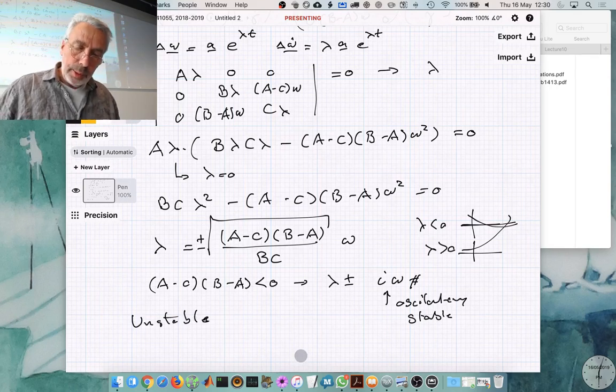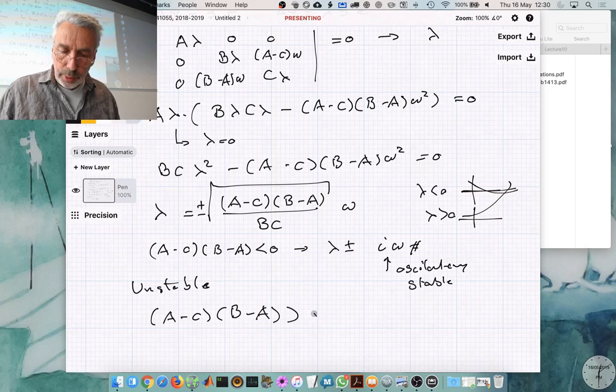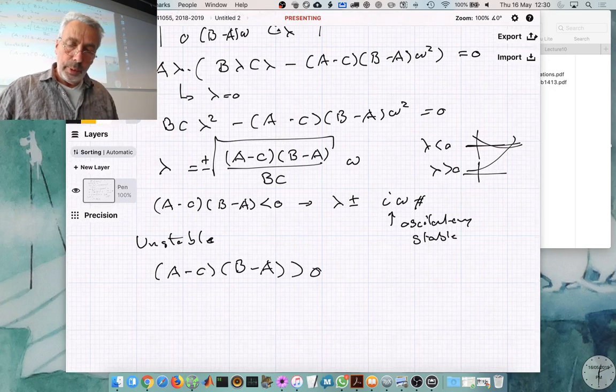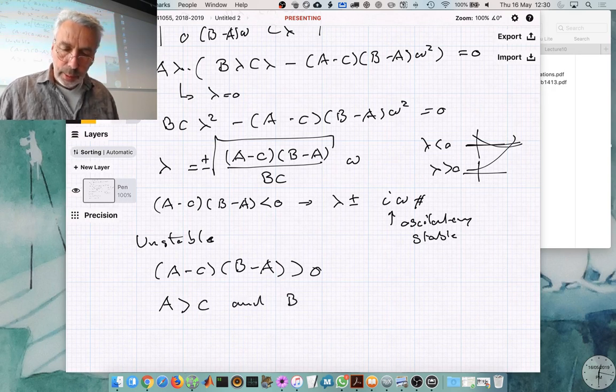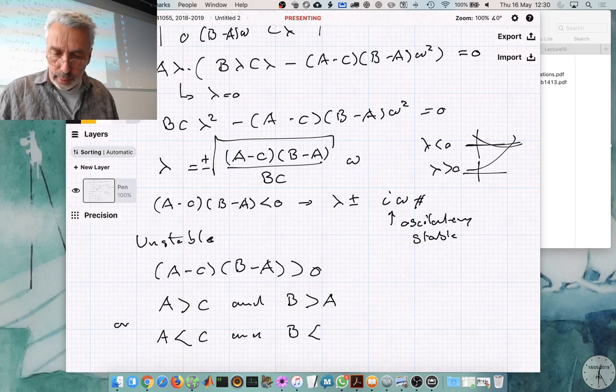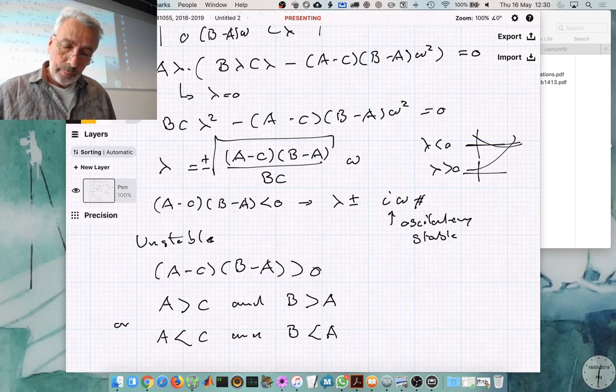apparently unstable is when a minus c times b minus a is positive. Well, when is that positive? Well, when a is larger than c and b is larger than a, or when a is less than c and b is less than a. Two cases, because you can have plus times plus and minus times minus.